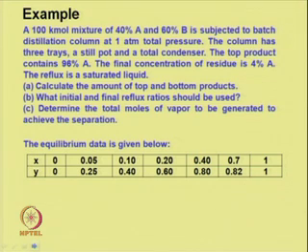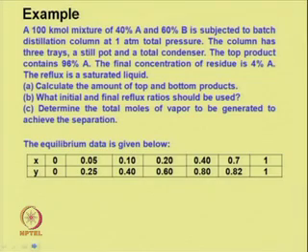Let us take an example. A 100 kilomole mixture of 40% A and 60% B is subjected to batch distillation at 1 atmosphere total pressure. The column has 3 trays plus the still pot and a total condenser.